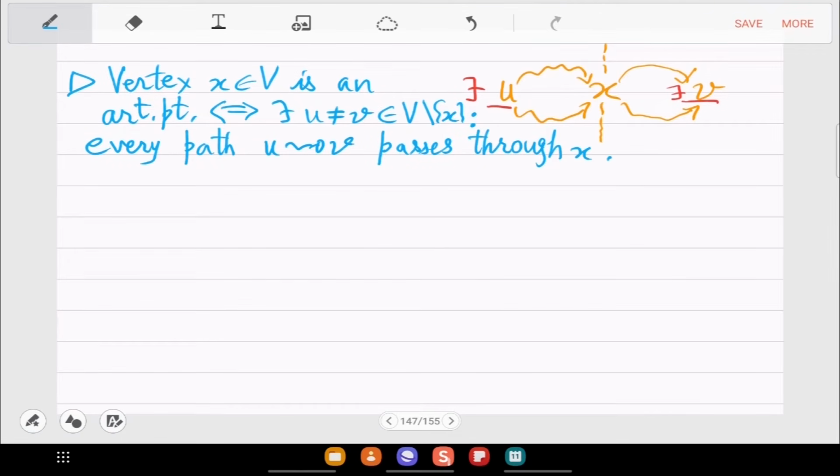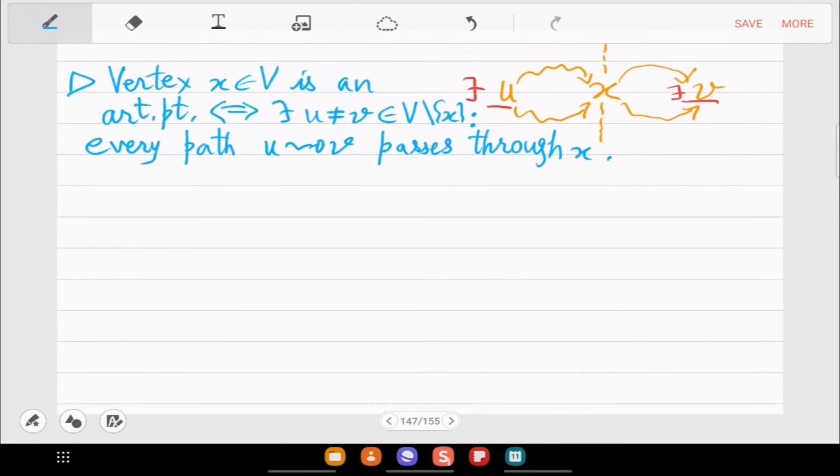If vertex X is an articulation point, then there are these magical vertices U and V such that in any way you reach U to V, you have to pass X. And if there are such vertices U and V, then X is an articulation point, because if you delete X, then U and V get disconnected. So clearly the graph is disconnected.